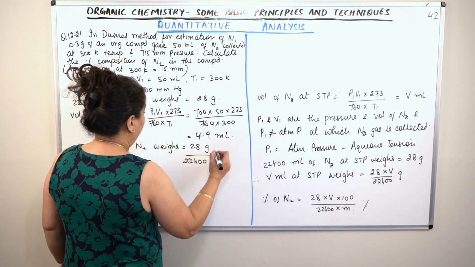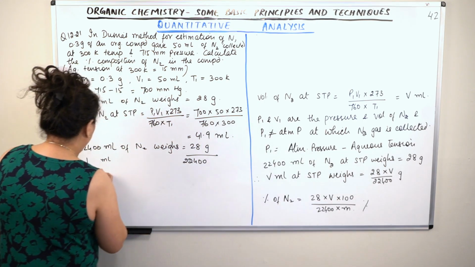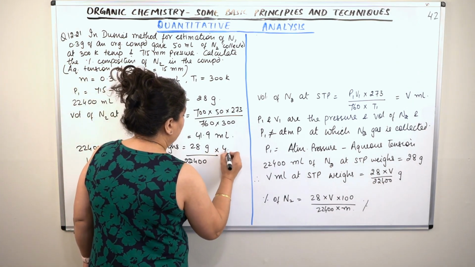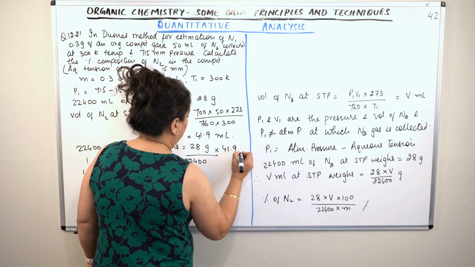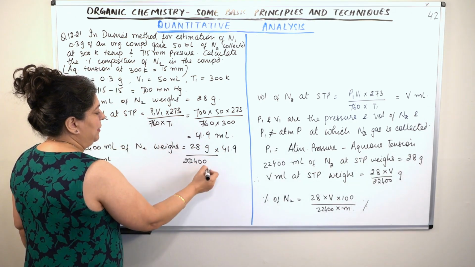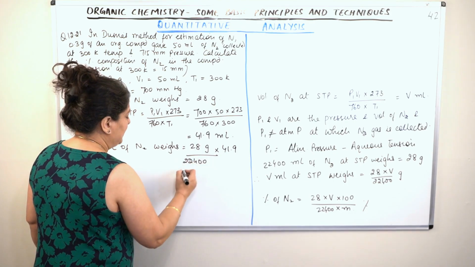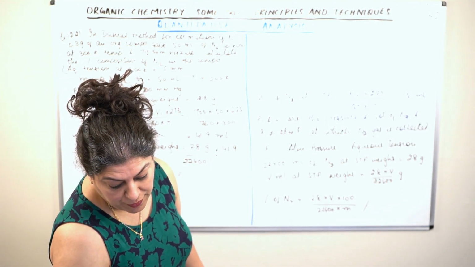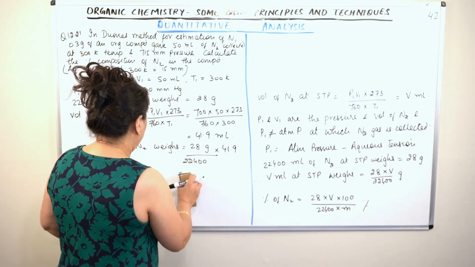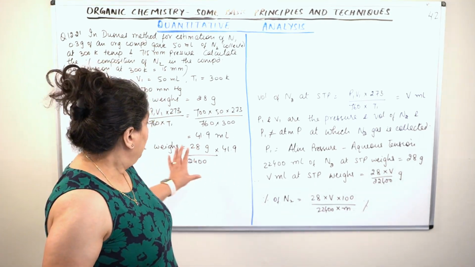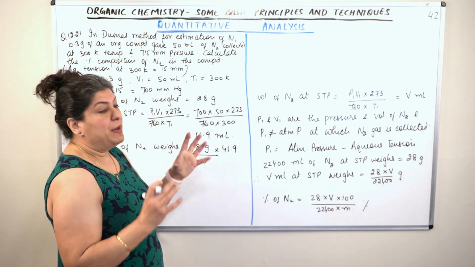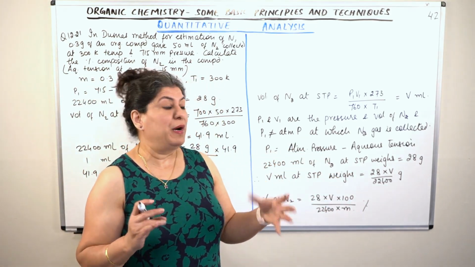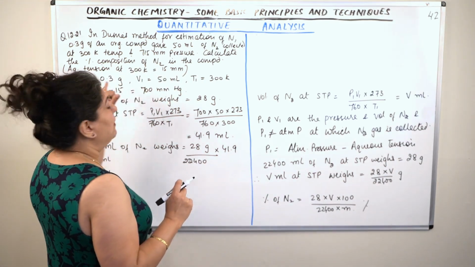You divide it by 22400, and 41.9 ml will weigh 28 upon 22400 into 41.9 grams. So the ml and ml will get cancelled, and you'll get the mass in grams. We'll leave it as such because we are going to carry on the calculations further. This is the mass of the nitrogen that is produced by reacting m grams of the compound.